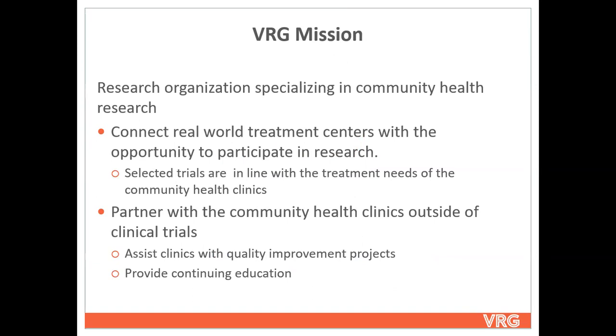We are very selective in what trials we take on, so we want to make sure that those are in line with the treatment needs of community health clinics. And we also partner with you and other agencies outside of clinical trials. So, for example, we are assisting clinics with quality improvement projects or provide continuing education, such as this webinar series.